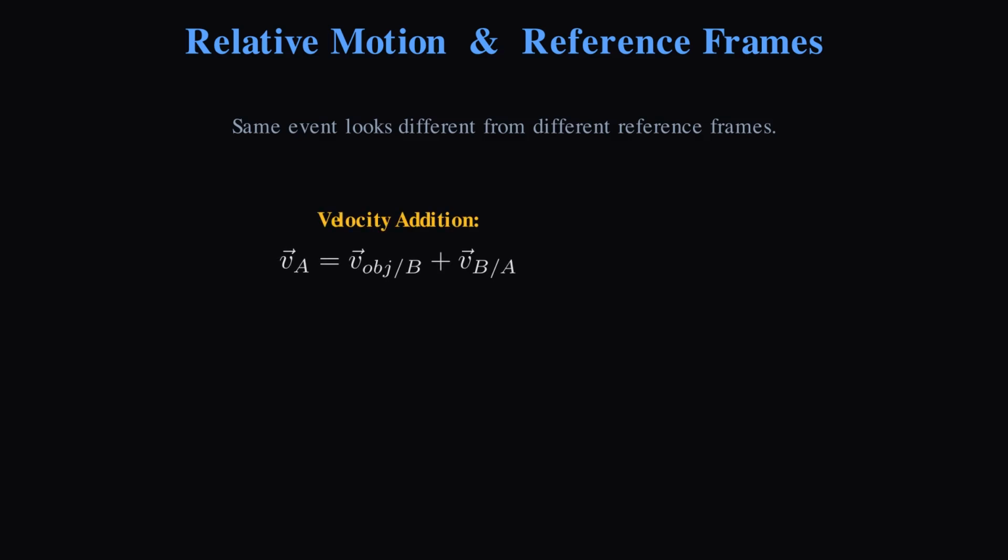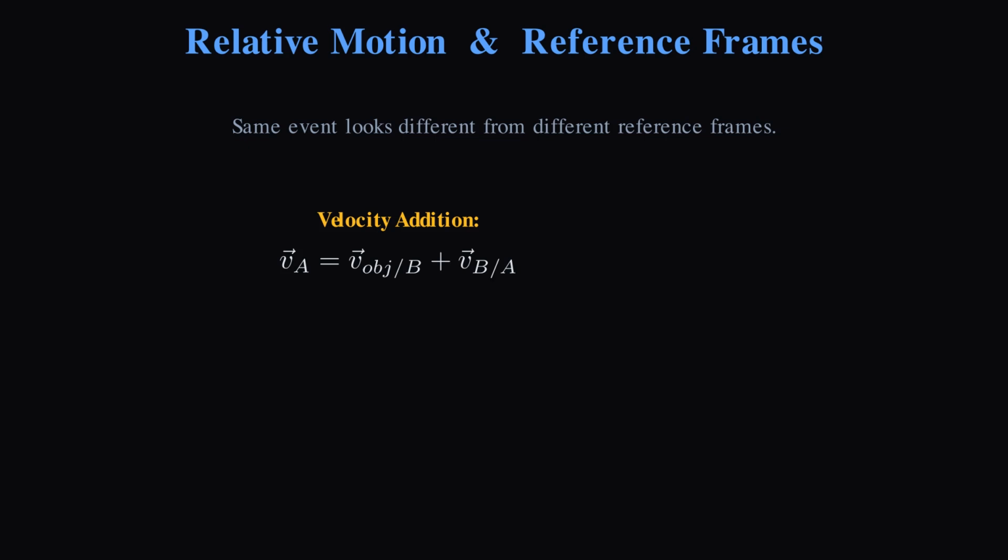The velocity addition formula connects the 2 perspectives. Suppose frame B moves with velocity v_BA relative to frame A. An object moves with velocity v_objectB relative to frame B. The velocity of the object as seen from frame A is v_objectA equals v_objectB plus v_BA.